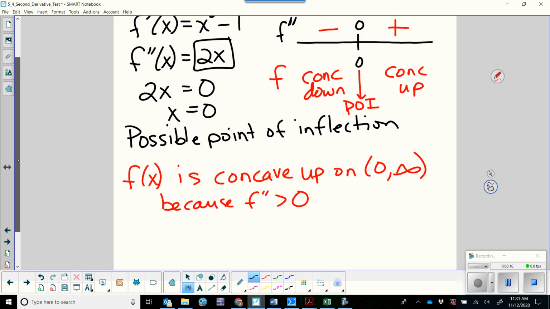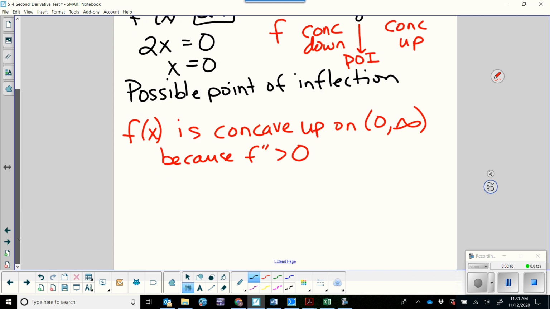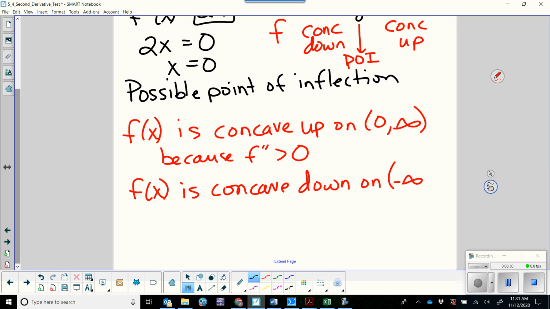We found that f double prime was positive, so that means f is concave up. f of x is concave down on the interval negative infinity to 0. Again, the reason we decided it was concave down is because f double prime is less than 0. Now, it didn't ask for a point of inflection, but if it did, we would say that there's a point of inflection at x equals 0 because f double prime changes from negative to positive there. Okay, so that's a point of inflection.